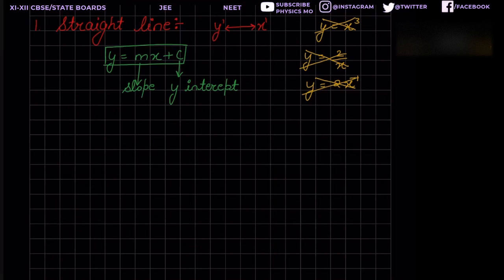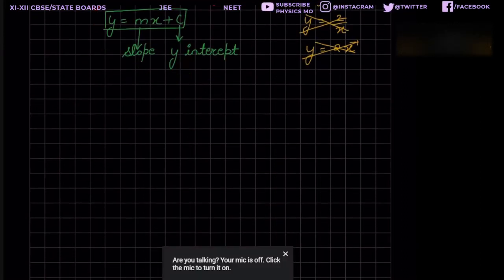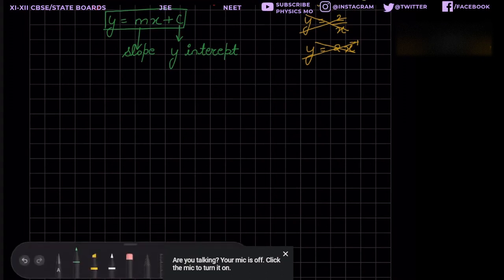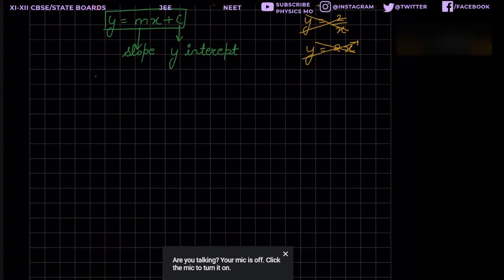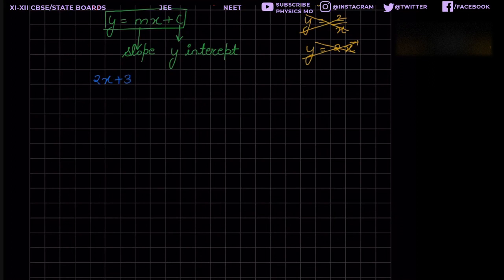So let's say you are given an equation which is 2x plus 3y minus 7 is equal to 0.